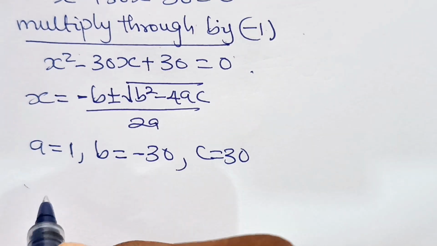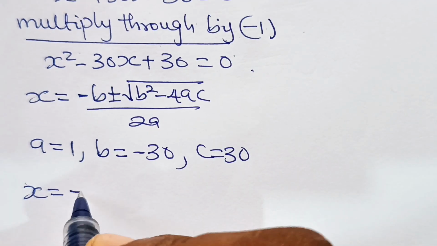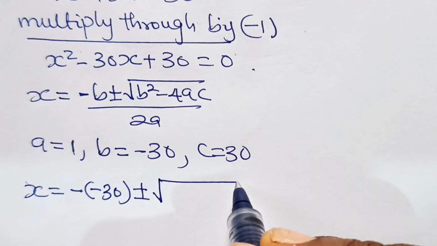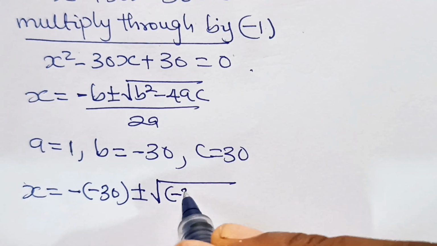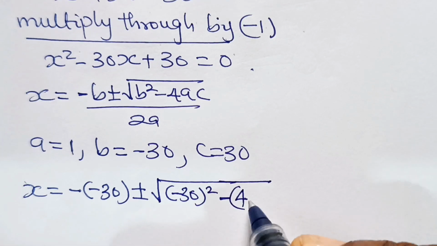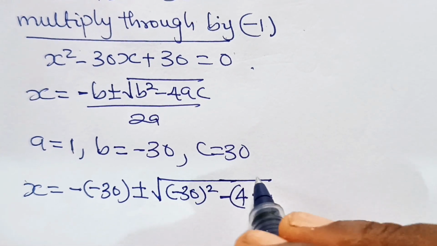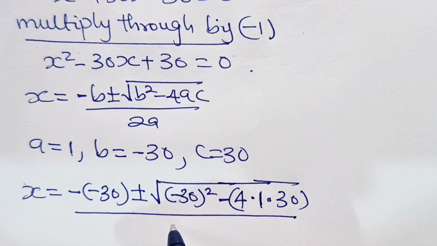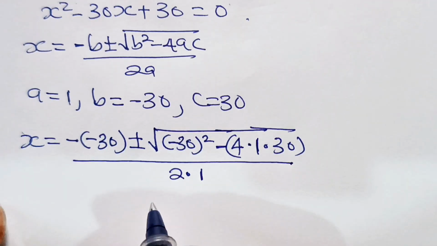So if we do that, we have x is equal to minus minus 30 plus or minus the square root of minus 30 squared, minus 4 multiplied by 1 multiplied by 30, everything divided by 2 multiplied by 1.